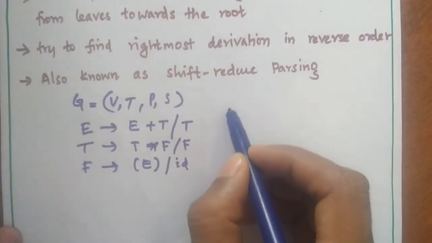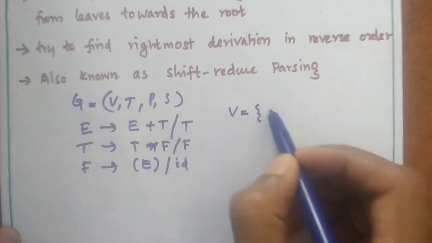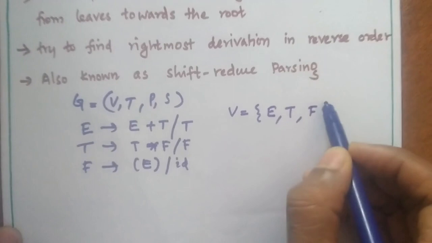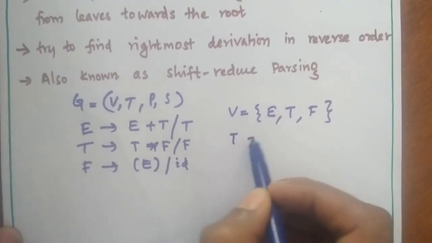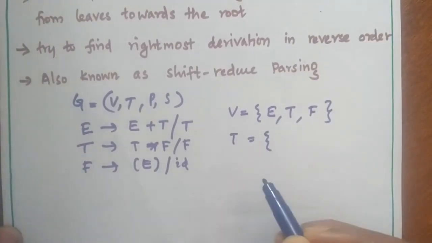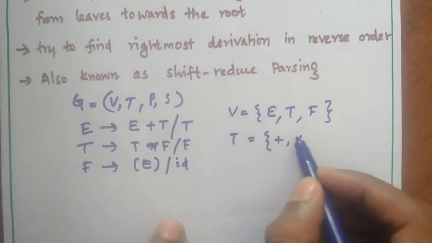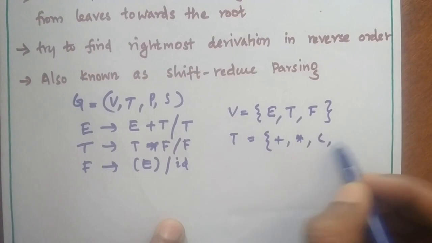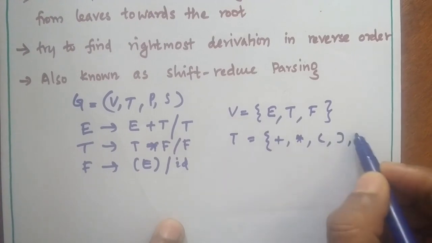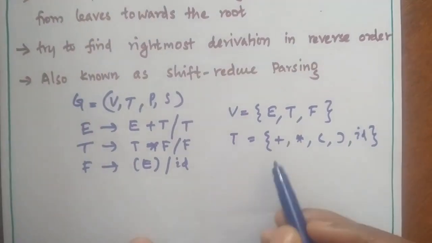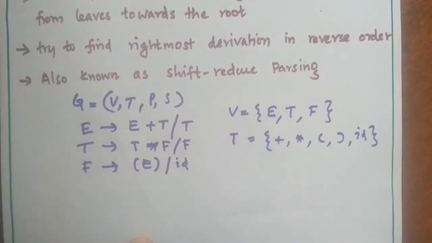Here our V is E, T and F, and our T, the terminal set, is plus, star, left bracket, right bracket and ID. These are the terminal symbols.